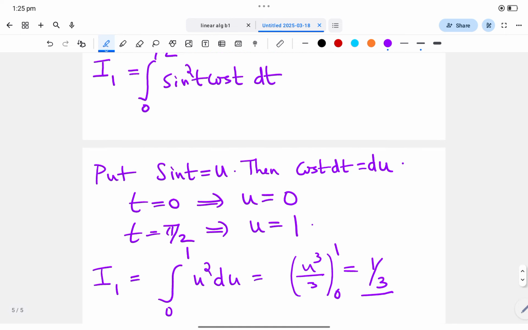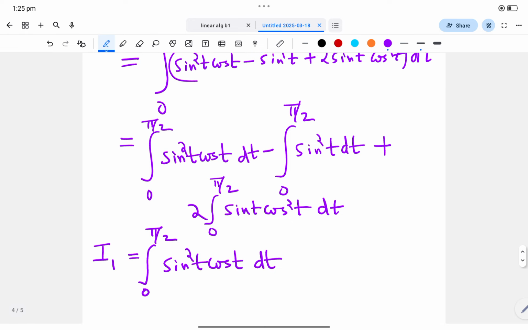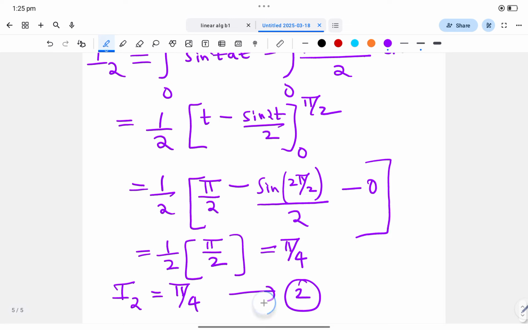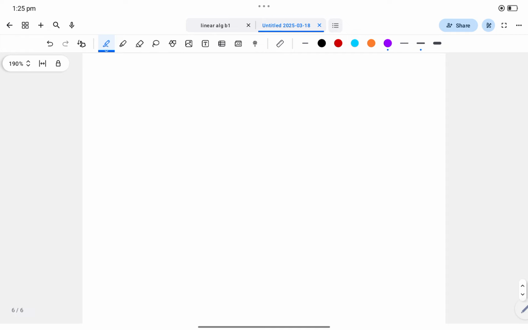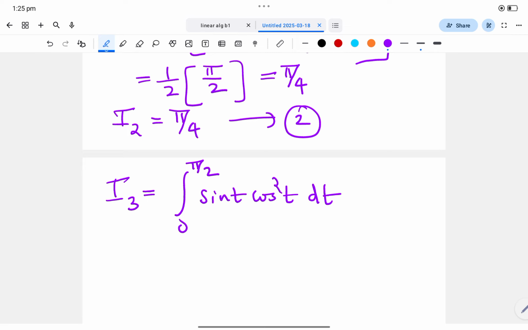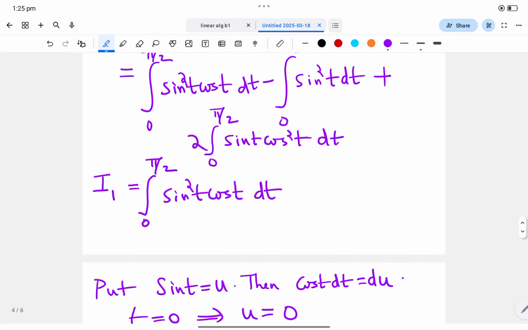Our third integral is, we have to compute 2 into integral 0 to pi by 2 sin t cos square t dt. So I3 is equal to integral 0 to pi by 2 sin t cos square t dt.